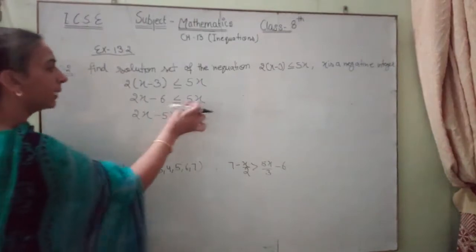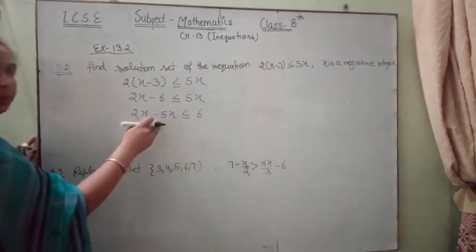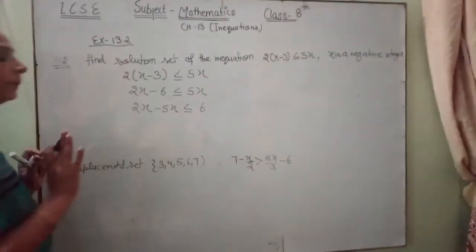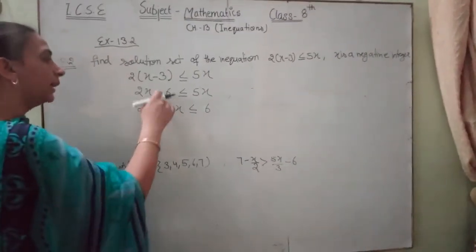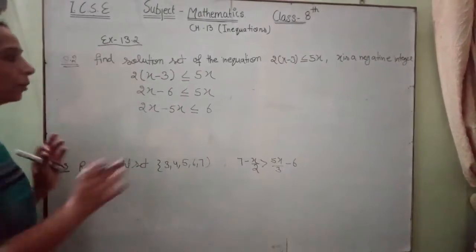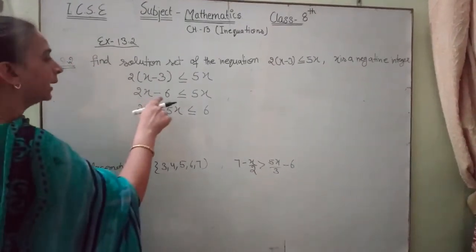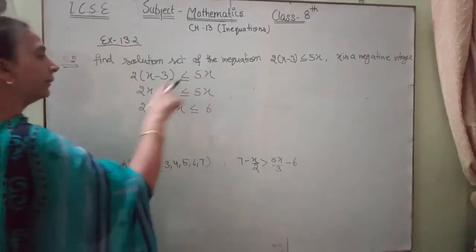So we take only the simple form. 2x as it is, minus 5x on this side, minus 5x less than or equal to minus 6, then this side plus. Student, when we move a term to the other side, there is no change in the inequality, because we take minus 6 from this side and 5x from this side.